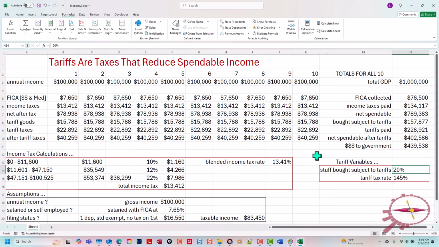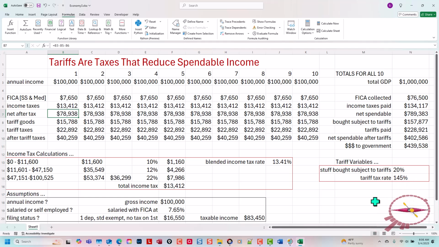So what we'll do is try to figure out what this number should be to give us a zero value here. That is to say, take our income, take out what we pay for tariffs and the taxes, gives us nothing left to spend on anything else. That is to say, what percentage of our income here would we be able to spend at 145% tariffs before we ran out of money?